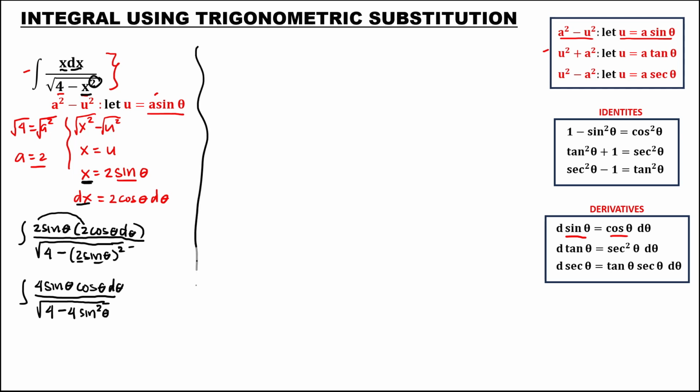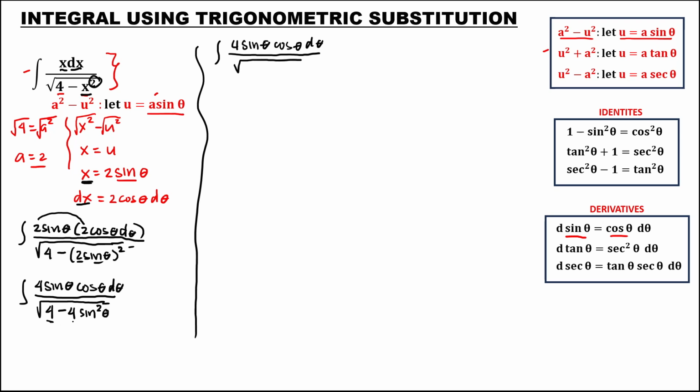Then to simplify, this becomes the integral of 4 sine theta cosine theta d theta over the square root.